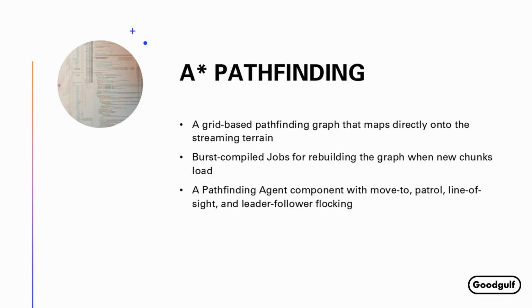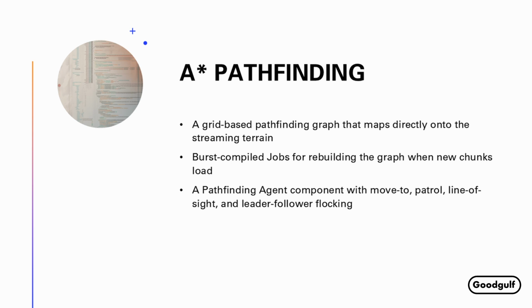A grid-based pathfinding graph that maps directly into the streaming terrain. Burst-compiled jobs for rebuilding the graph when new chunks load. A double buffered NativeArray design so rebuilds never stall a running path search. An async physics obstacle overlay pass that spreads its work across frames.